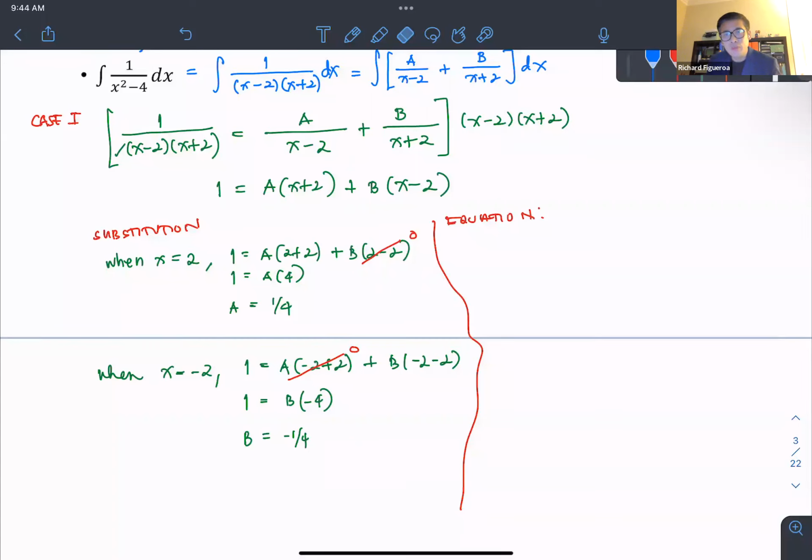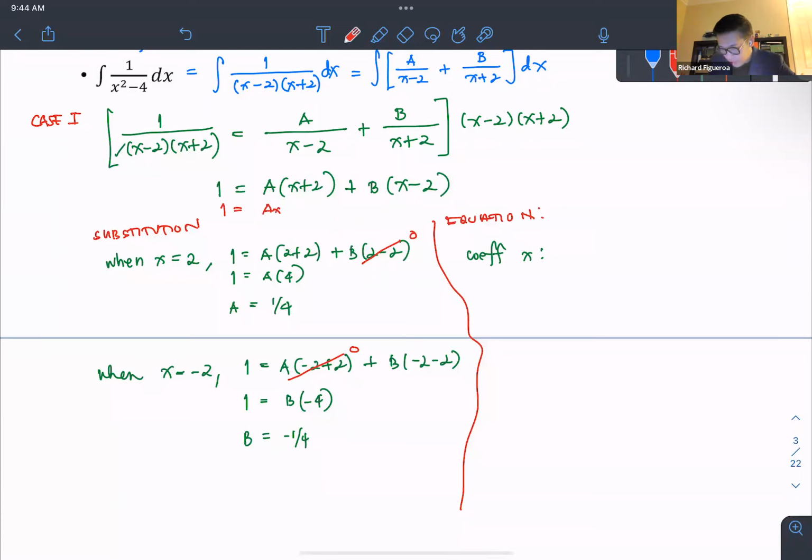A coefficient involving a certain variable. The first one is we can equate the coefficients for variables involving x. So this actually is the same as these. So ito, I'm going to distribute.